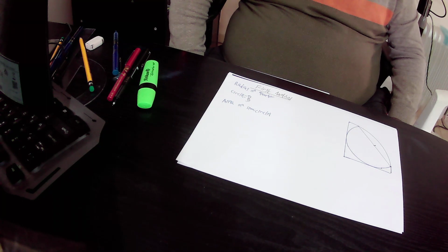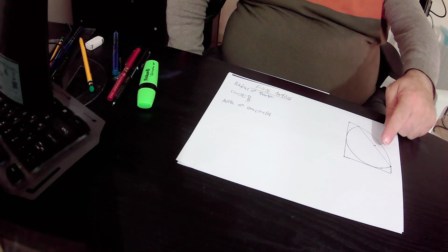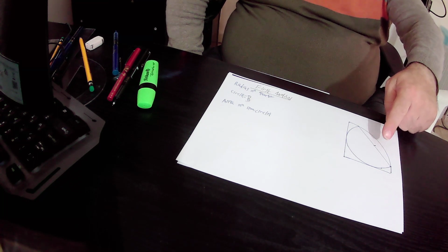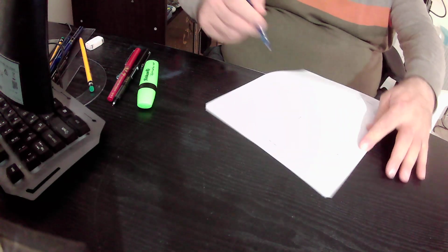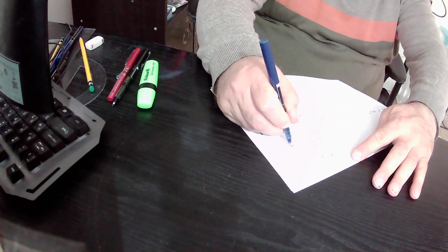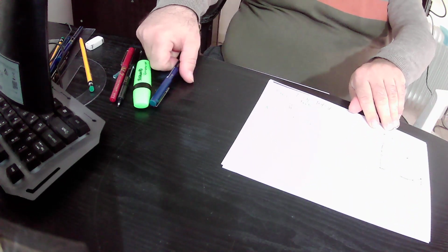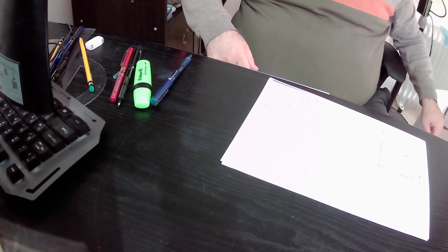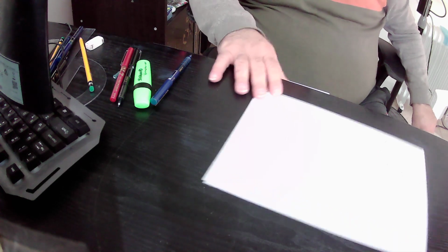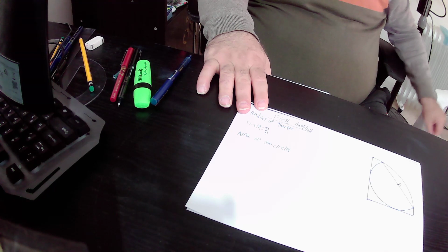So first of all, we will define the center of this quarter circle as point O. And then I will present to you a new rule, that is actually rule number 1.